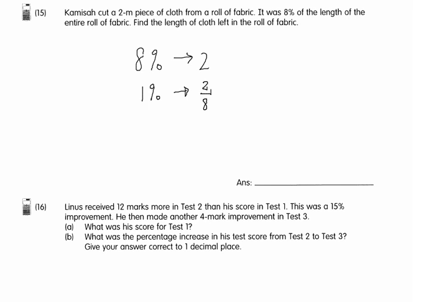And I want to find the length of cloth left in the roll of fabric. When they want to find the length of cloth left in the fabric, what is the percentage that I'm looking at? Call out. I'm looking at 92%. So I have 2 over 8 multiplied by what? 92 or 92%?